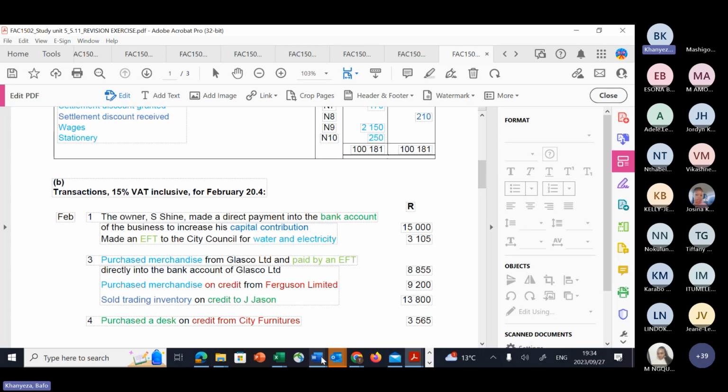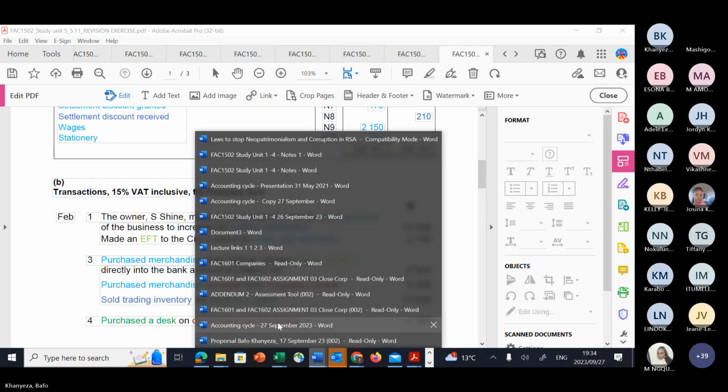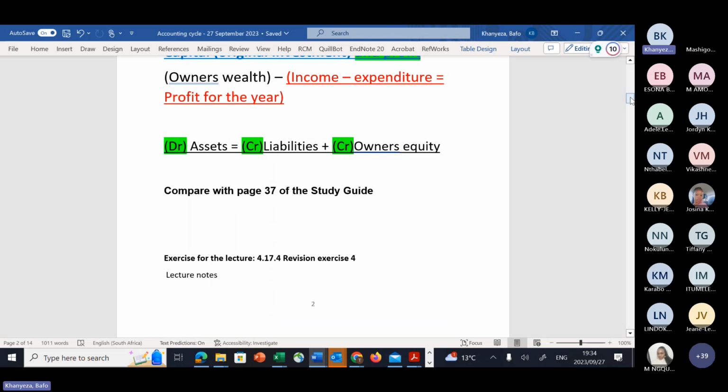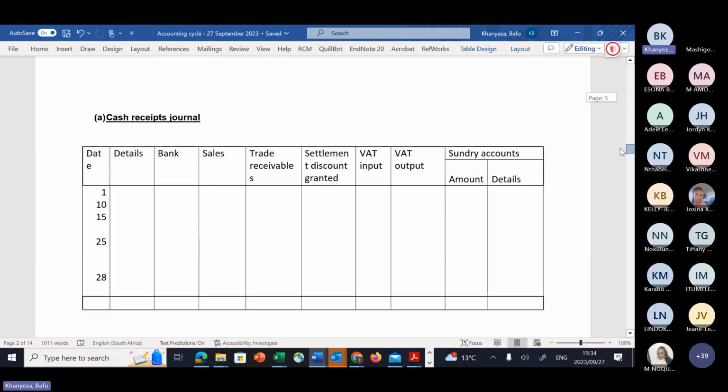Let me then open this cash receipts and cash payment journal. So let's see. This is the cash receipts and cash payment journal.